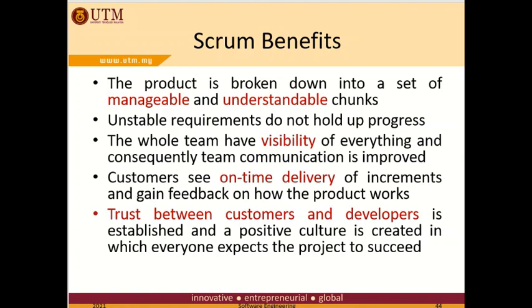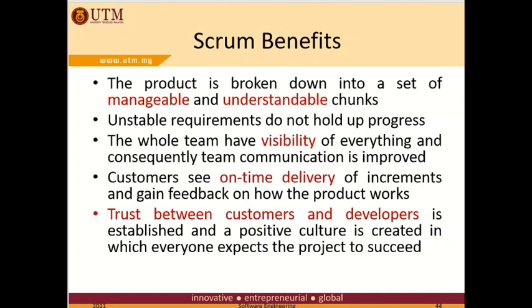Third, the whole team has visibility of everything, and consequently team communication and morale are improved. Fourth, customers see on-time delivery of increments and gain feedback on how the product works. They are not faced with last-minute surprises when a team announces that software will not be delivered as expected.